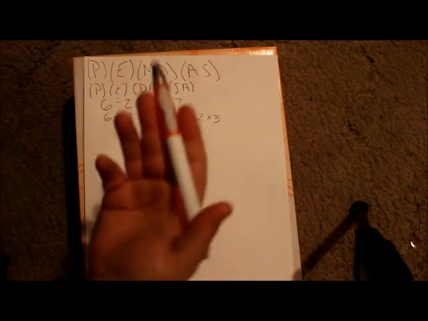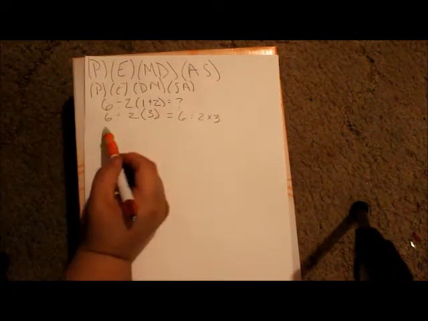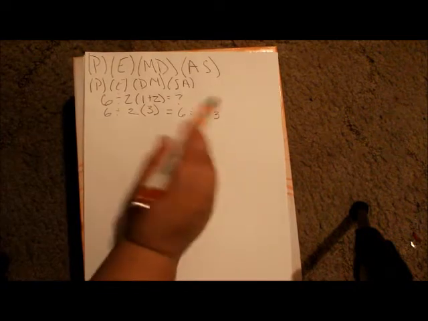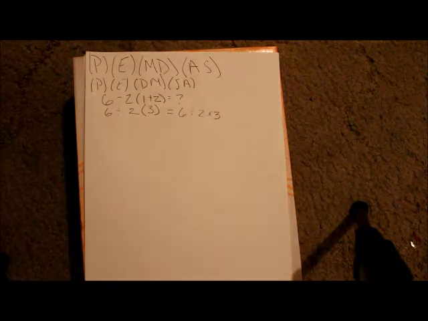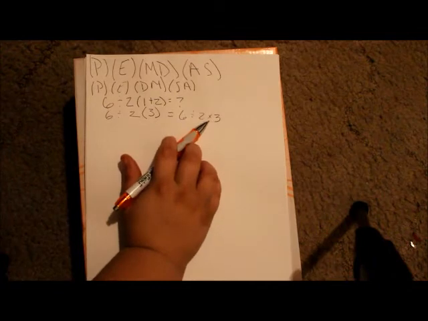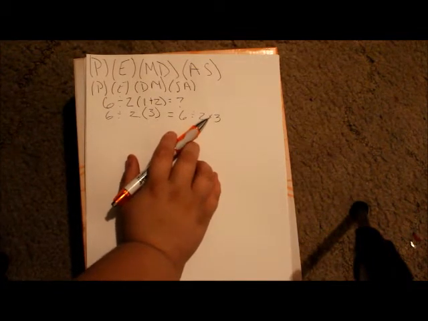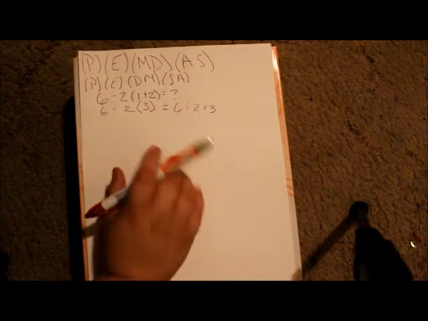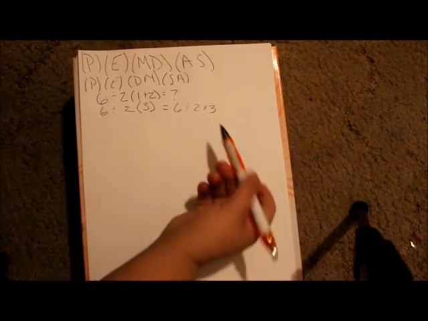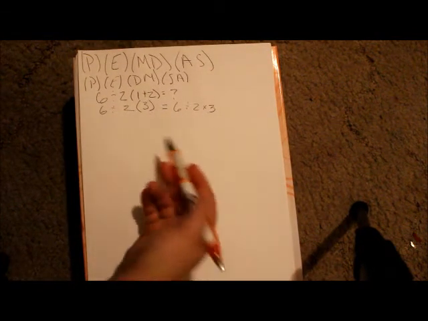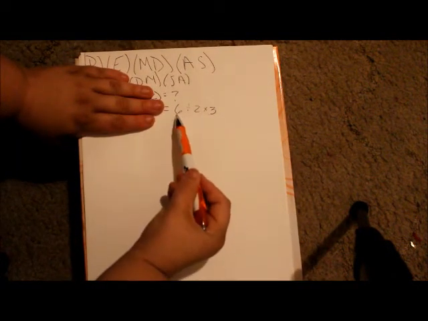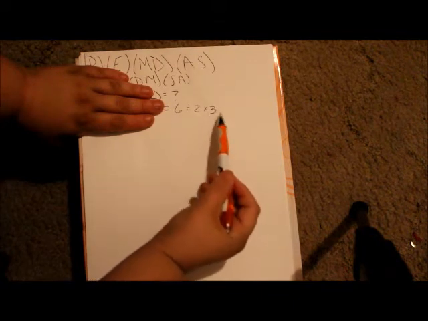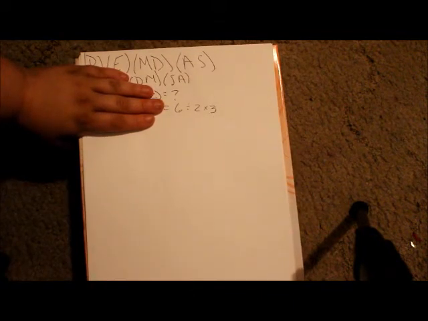And the reason why you will see it written this way more often than you will this way, unless you're in elementary school, and then you'll see it this way, is once you get into the higher maths like algebra, calculus, trigonometry, this becomes confusing because you start dealing with letters in your equations. So somebody who has taken higher math would look at this equation and say, is that 6 divided by 2x times 3?